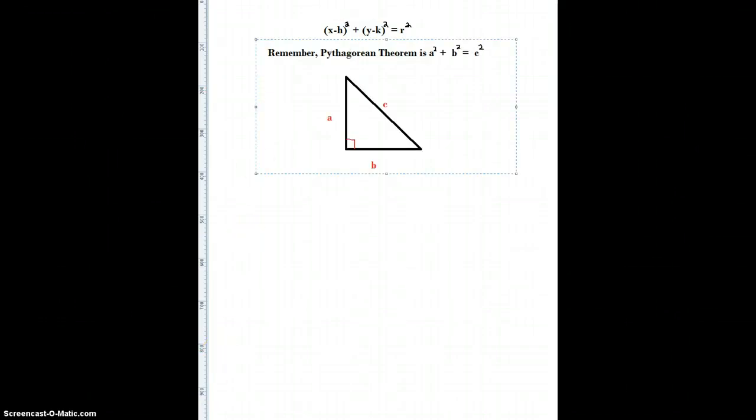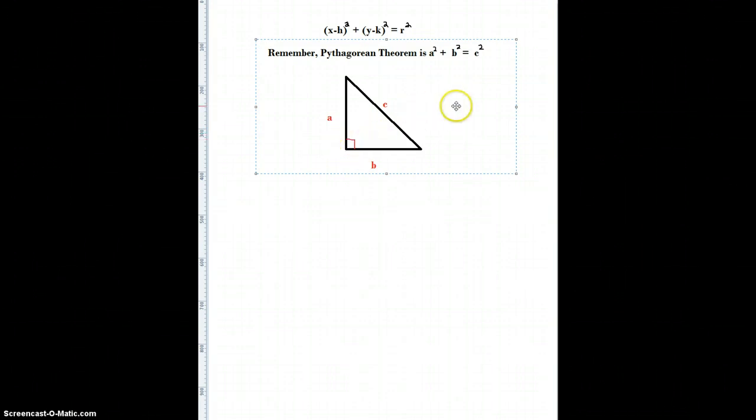I'm hoping it does, because the Pythagorean theorem for a right triangle is a squared, where a can be either of the legs, plus b squared equals c, the hypotenuse, squared. Remember, that's only for a right triangle. That's what the symbol says.